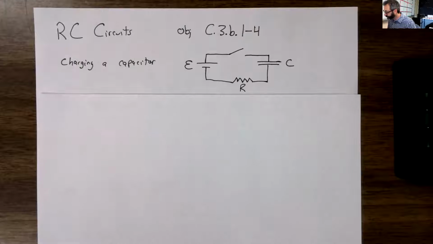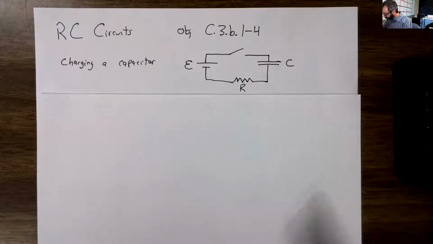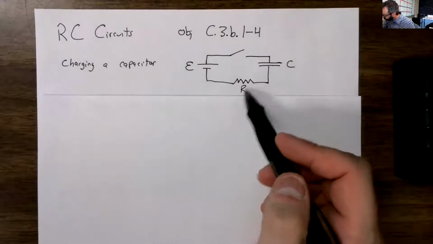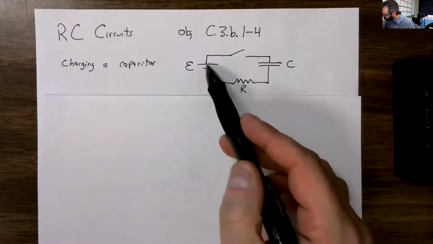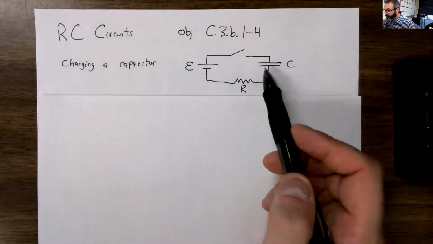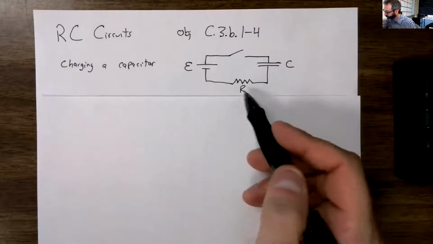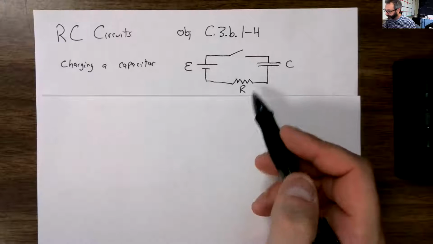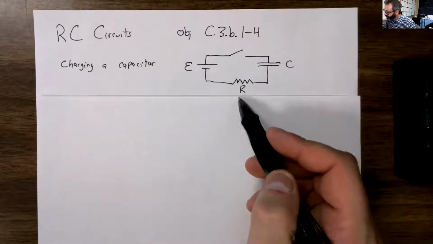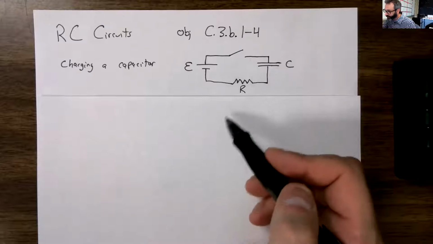The higher the resistance, the lower the current, the lower the flow of charge. So a bigger resistance means it's going to take longer to charge up the capacitor. And we'll see that when we figure out what our time constant is. So we expect a bigger resistor means longer to charge up the capacitor.